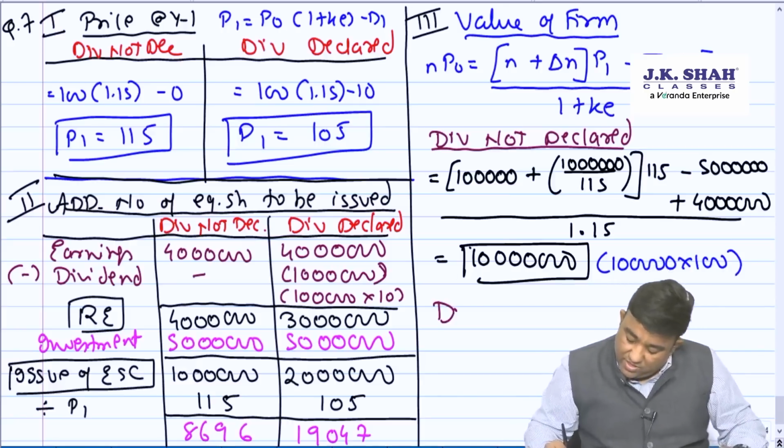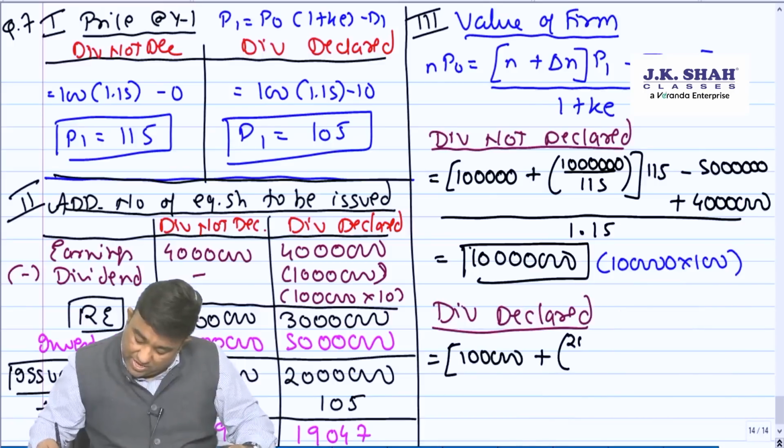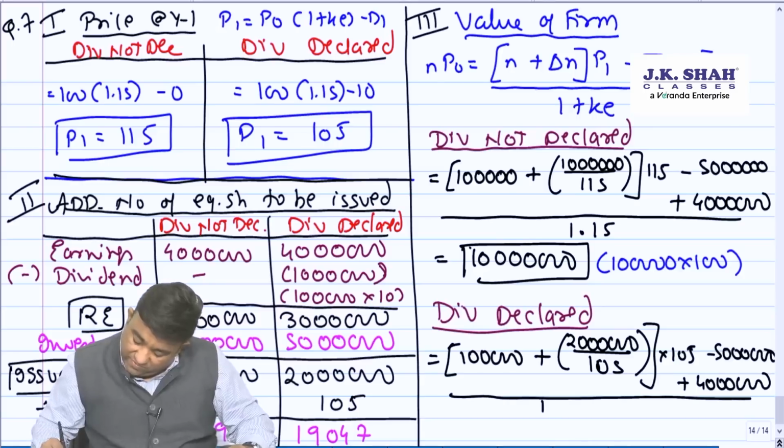Same way, dividend declared. Present shares are 1 lakh, plus this is like 20 lakh divided by 105, into 105, minus 50 lakh, plus 40 lakh, divided by 1.15.